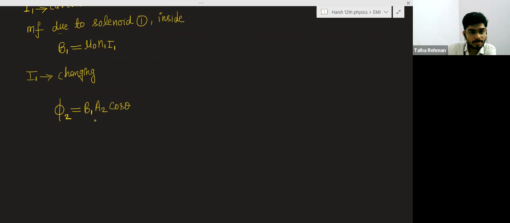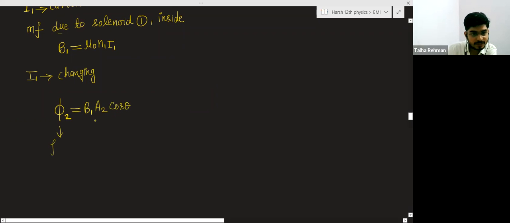What is phi 2? Phi 2 is the flux linked with coil 2, or you can say solenoid 2.